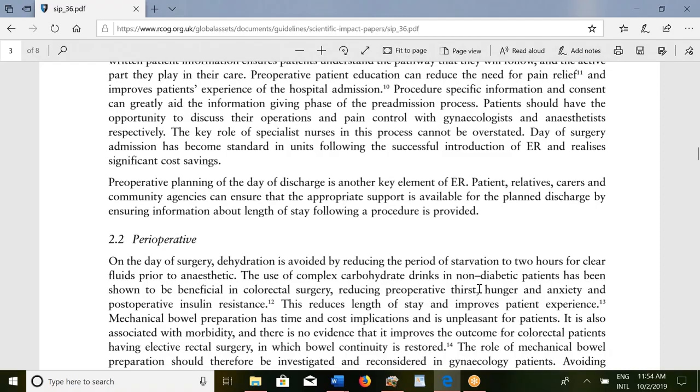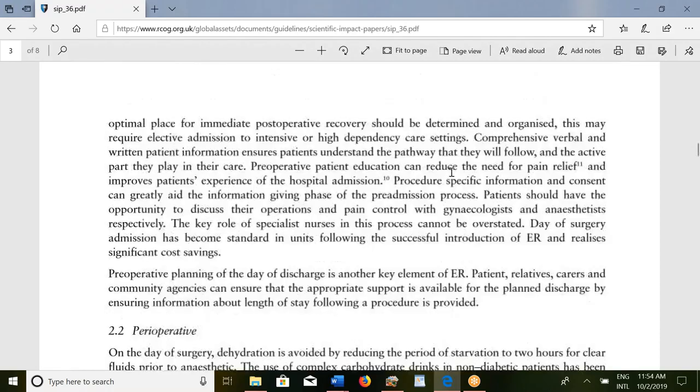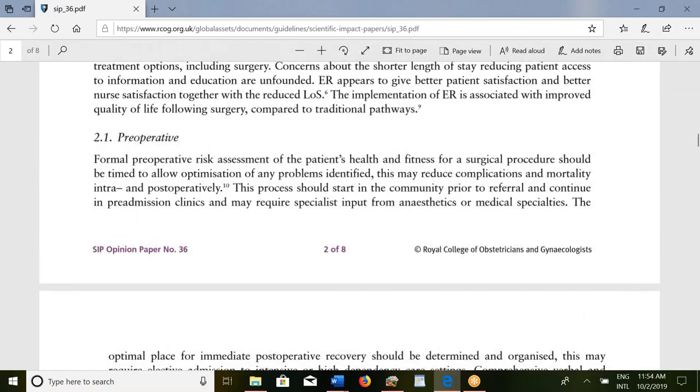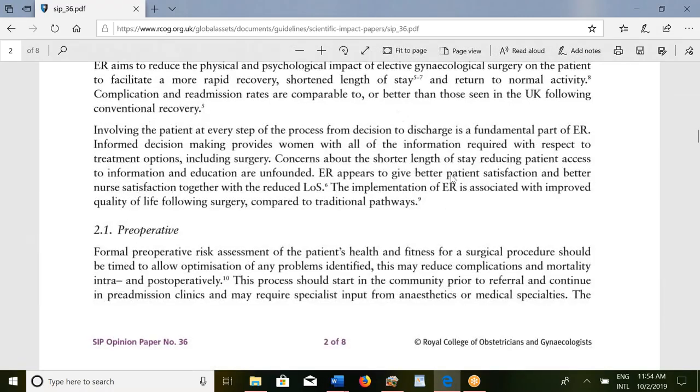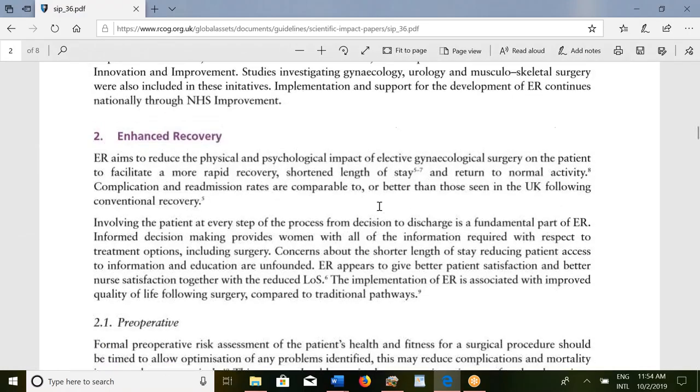Because whenever you will do any surgical procedure, you should add one line: I will follow principles of enhanced recovery. So what are those principles? Can you please tell me? Okay. Don't worry, this is a simple thing.